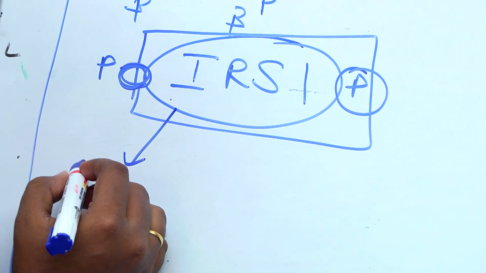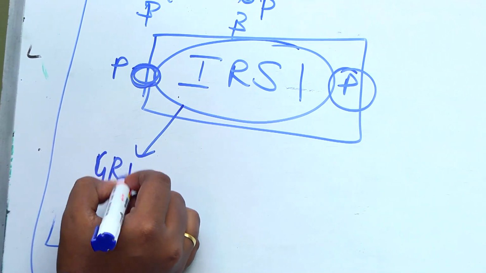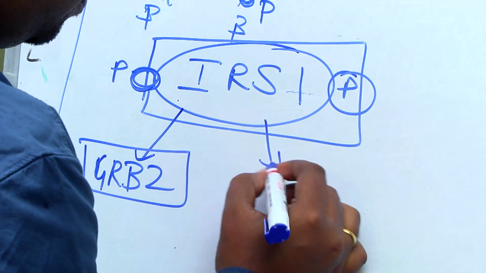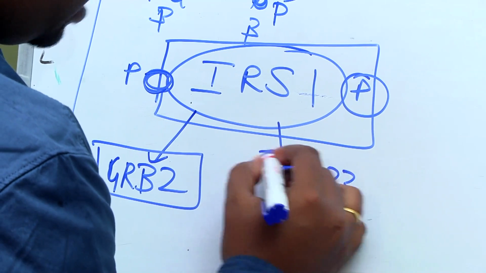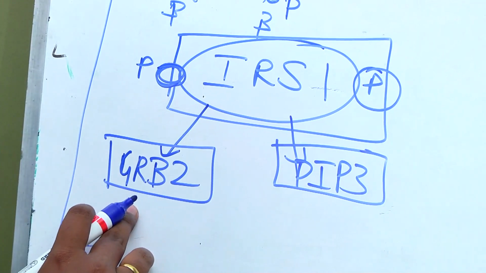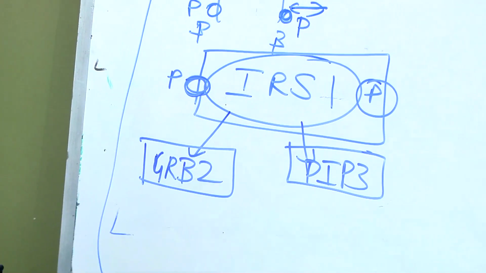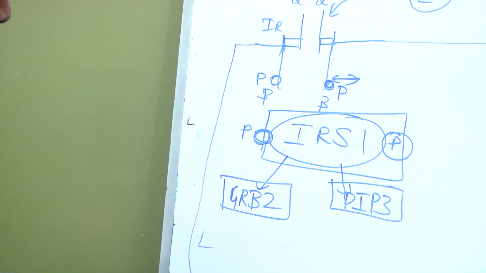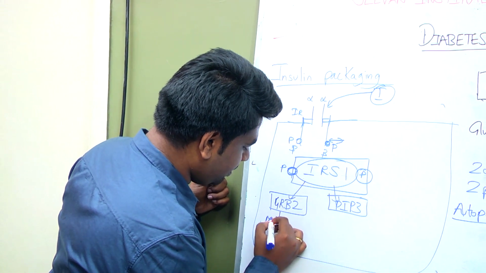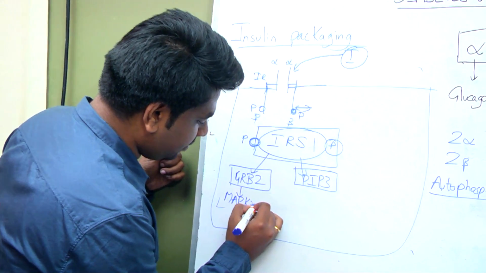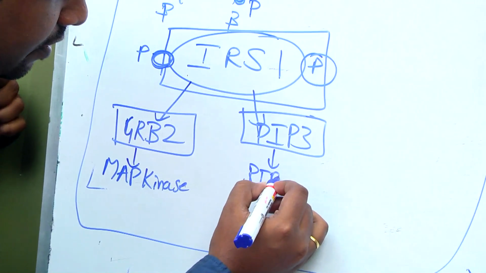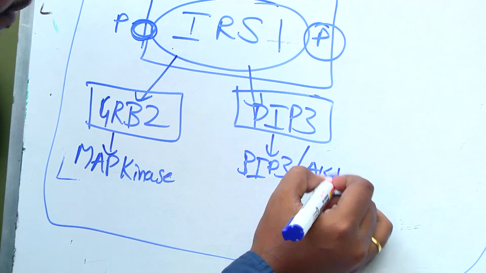So first it leads to activation of GRB2 here, and then it leads to activation of PIP3. Okay. If you see my lectures on the tyrosine kinase receptor, you will know that GRB2 is the first step in your MAP kinase pathway, and PIP3, this is a pathway called the PIP3 AKT pathway.